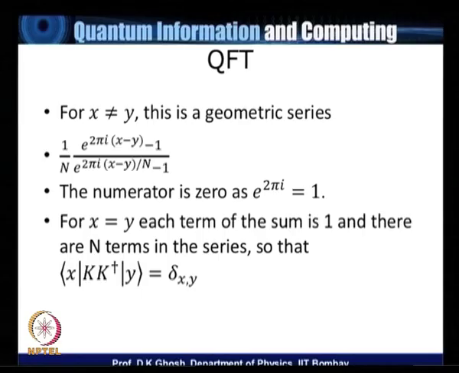Because of the fact that we deal with sums rather than integration, getting explicit representation of the kernel is fairly easy, at least for those cases where the n value is small. And we had seen that for n equal to 2 in space C2, my quantum Fourier transform is equivalent to doing a Hadamard gate operation.